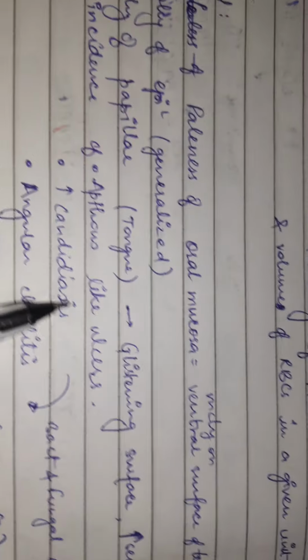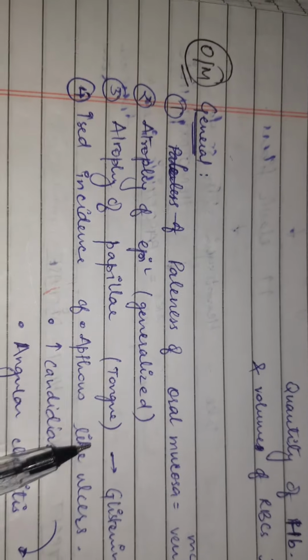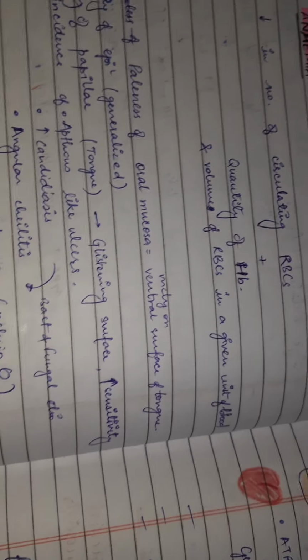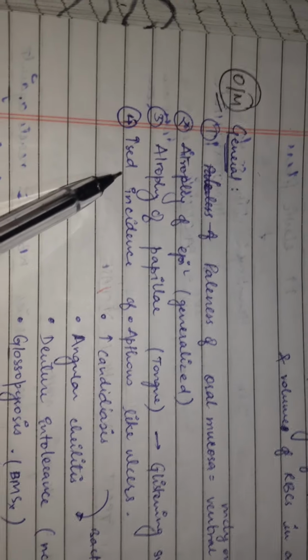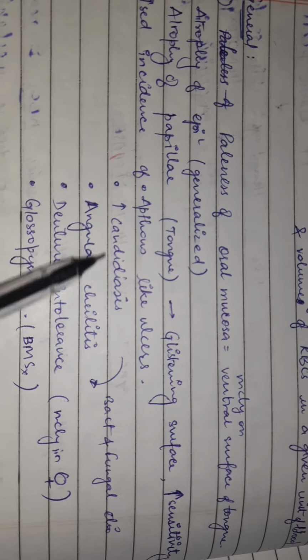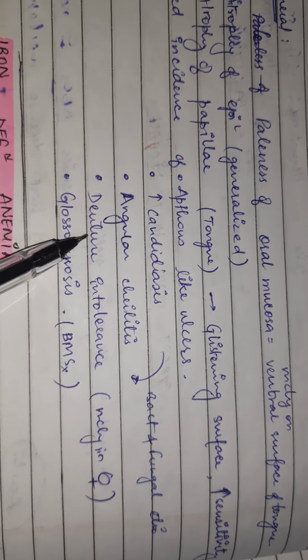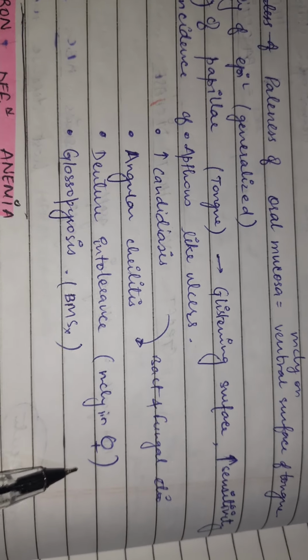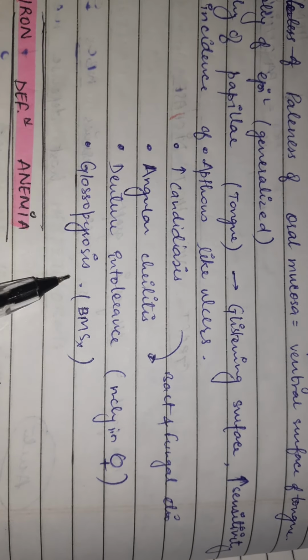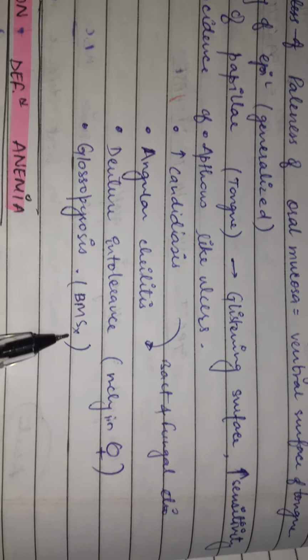Atrophy of papillae of the tongue, generalized atrophy of epithelium, glistening surface and increased sensitivity of the tongue. Increased incidence of aphthous like ulcers, increased incidence of candidiasis, angular cheilitis, denture intolerance, most commonly in females, and glossopyrosis, burning mouth syndrome.